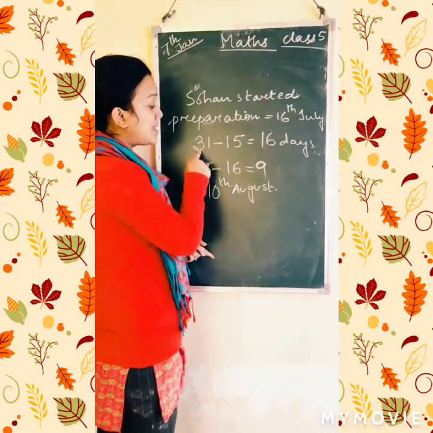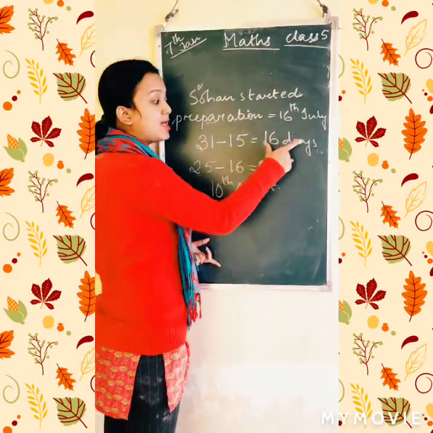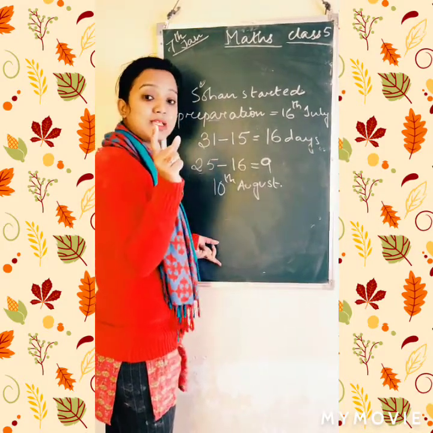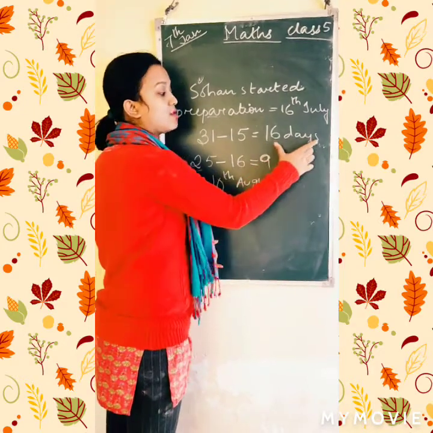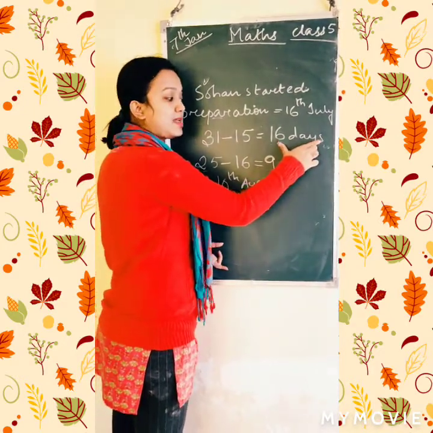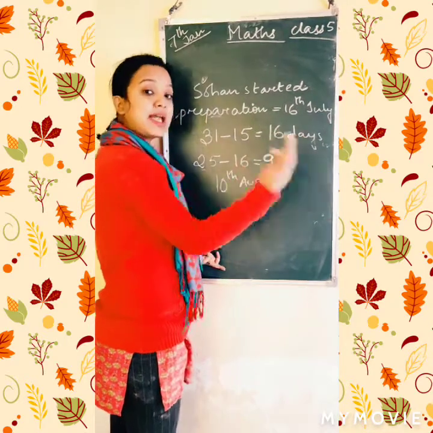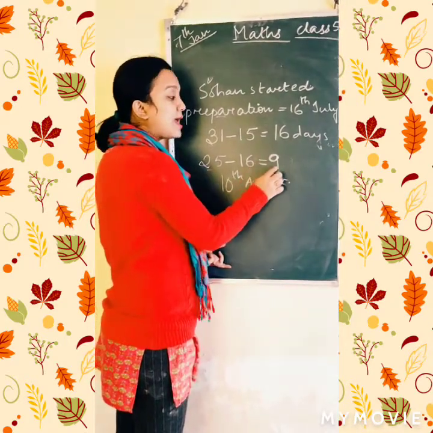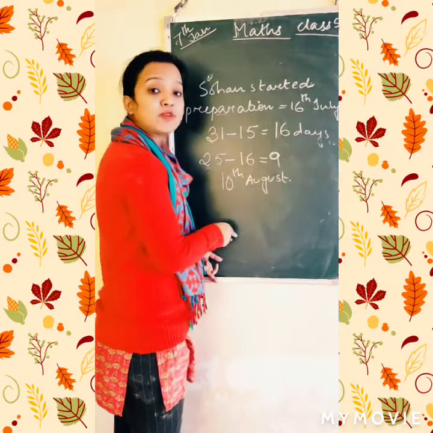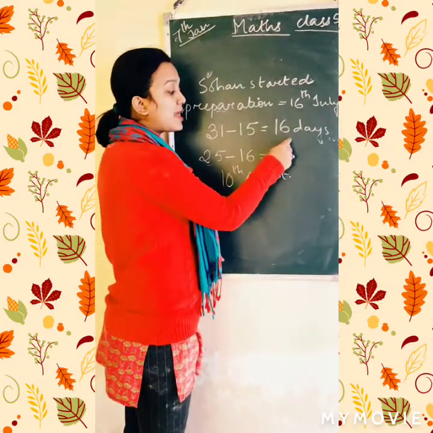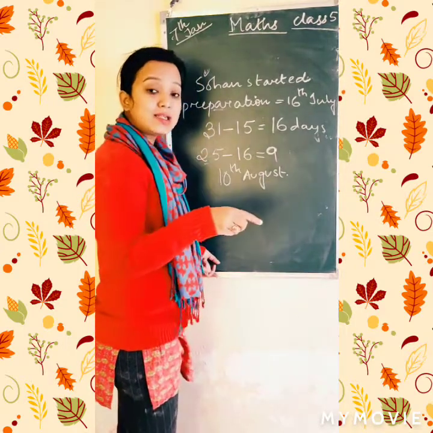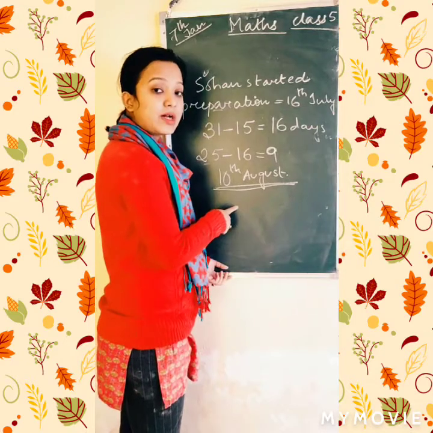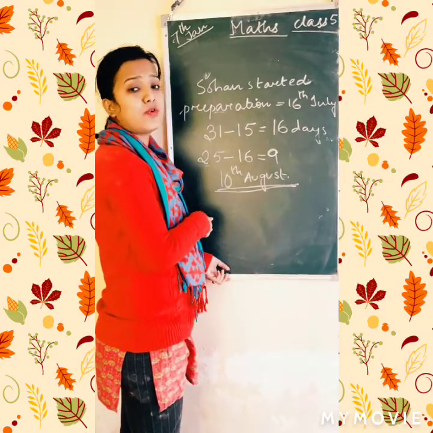So I do 31 minus 15, then I have remaining 16 days. And the question is, exam is starting 25 days later. So 16 days will come under July only. Then the next half starts with August. Now in August, if you add 9 more days, then only it becomes 25 days. So the 9th day is nothing but 10th of August. So that is 10th of August, Sohan's exam is going to start.